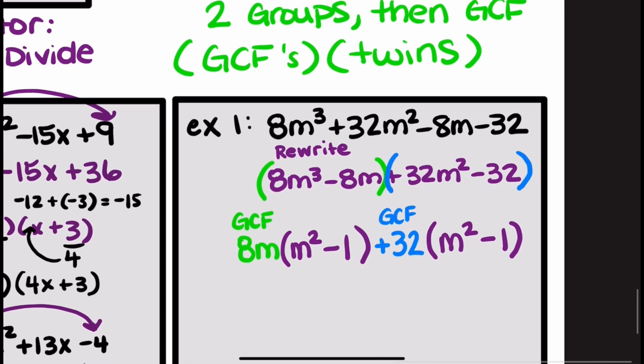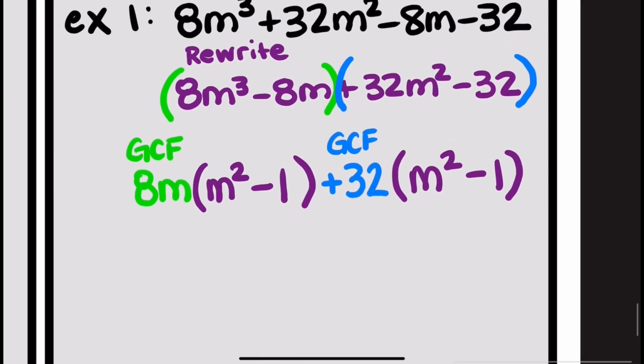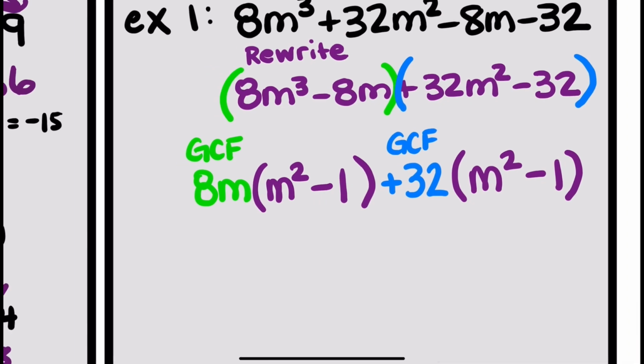So in your final answer, you're going to put the 2 GCFs together in one set of parentheses, and then you are going to write the common factor in another set of parentheses. And the common factor is what I like to call the twins.